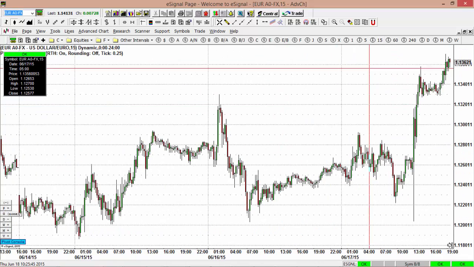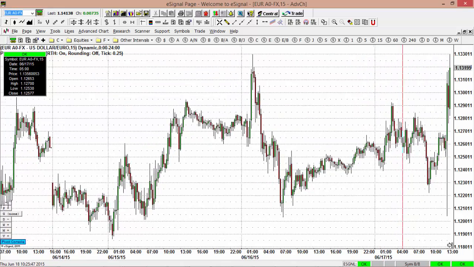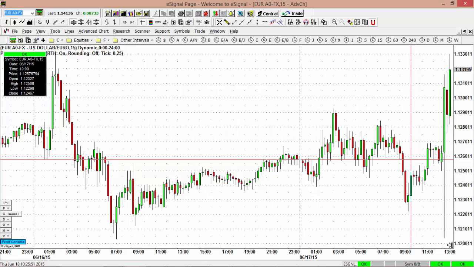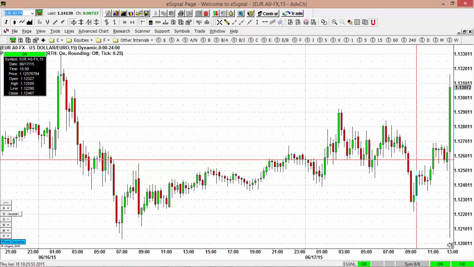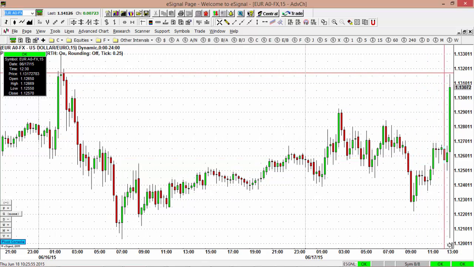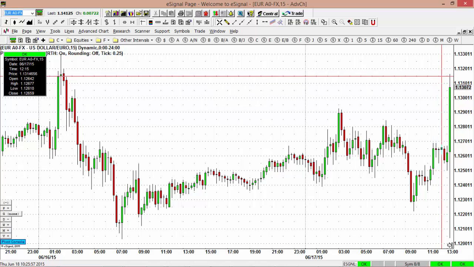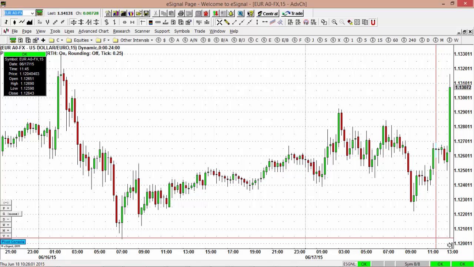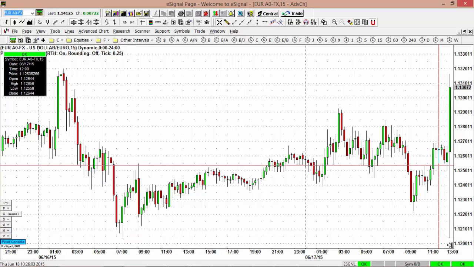Taking a look at the euro on the 15-minute chart, we see that this is an actual candle here. The market spiked up to 113, just shy of 113.20, and the low was just above 112. So we had a pretty volatile time directly after the interest rate announcement.